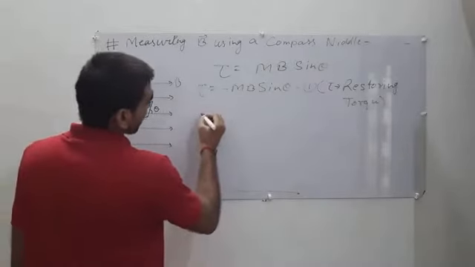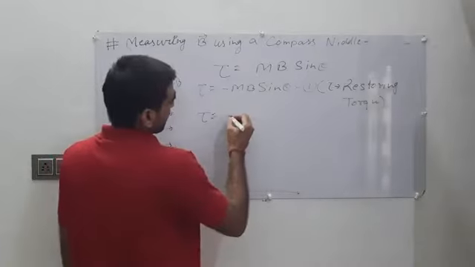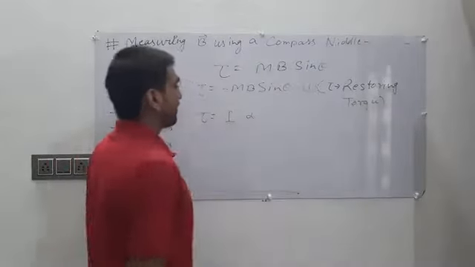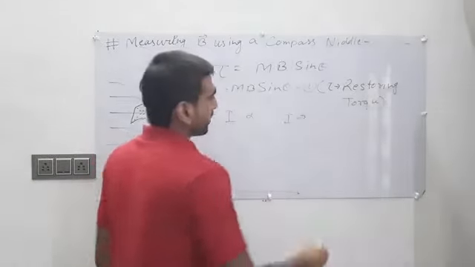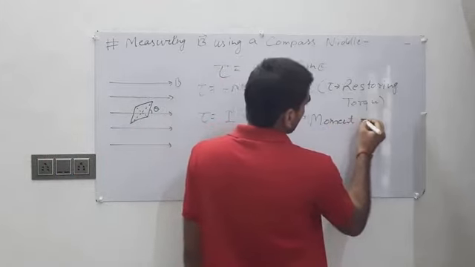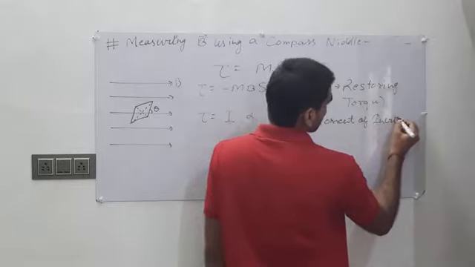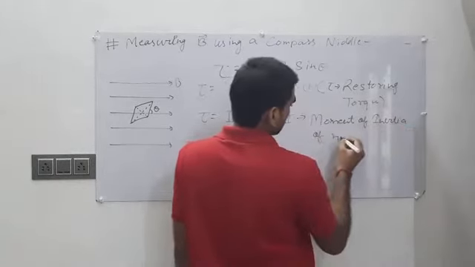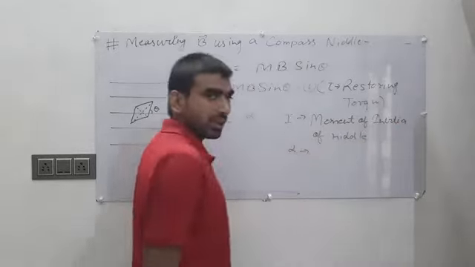So you know that tau is also equal to I into alpha, where I is the moment of inertia of the needle, and alpha is angular acceleration.